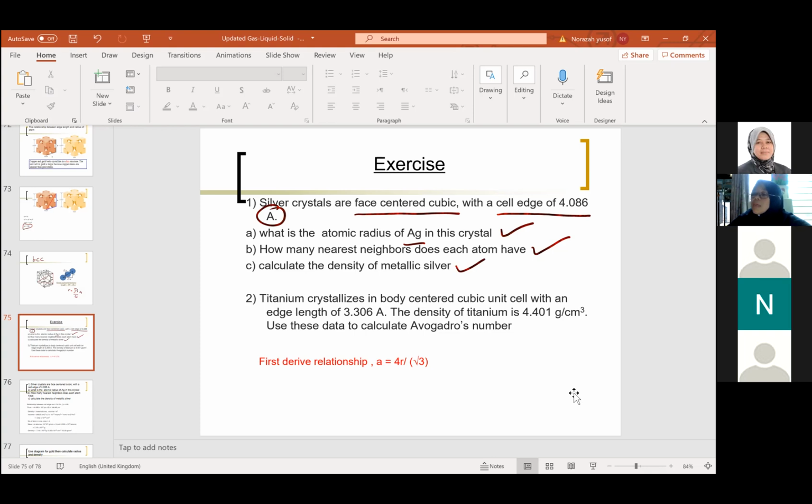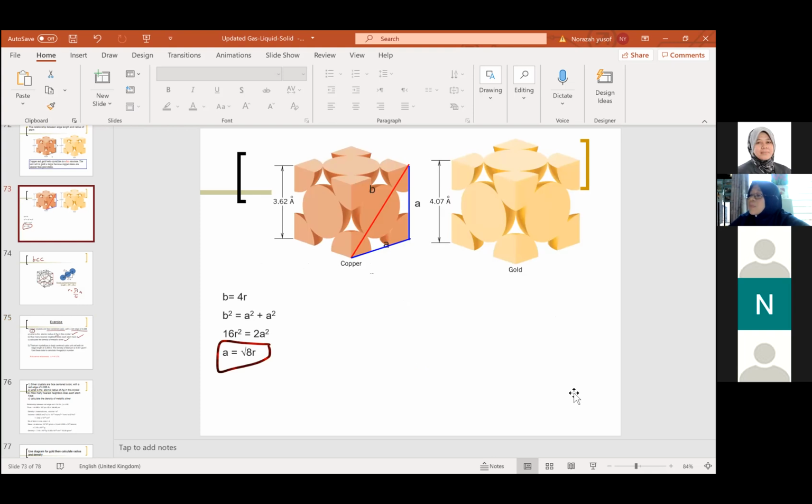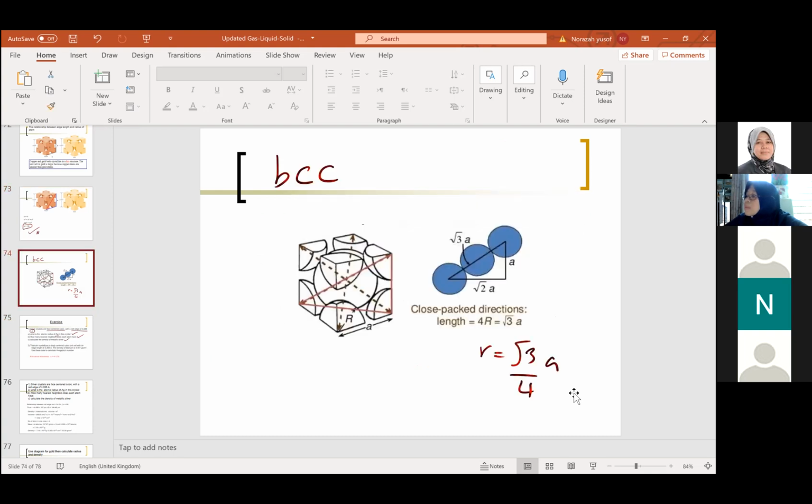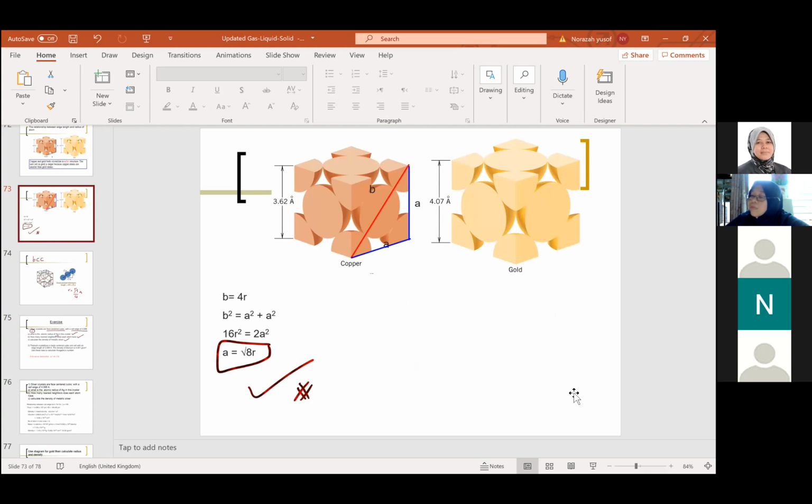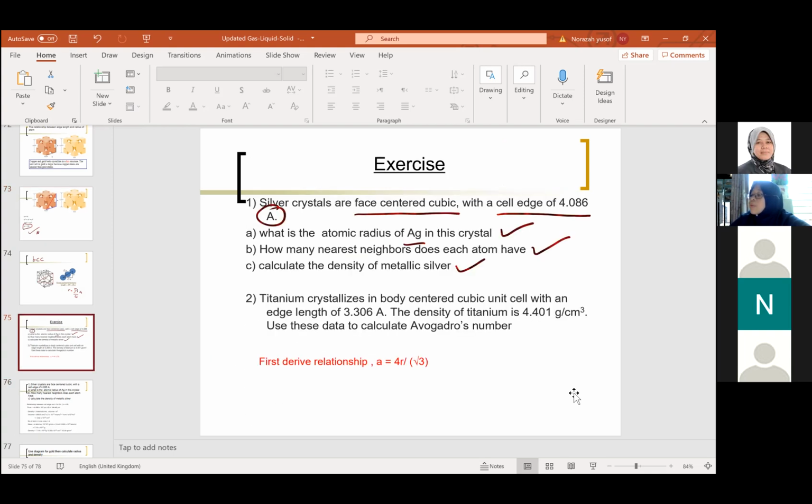So you have face-centered cubic. Face-centered cubic is this one, and this one is body-centered. Before you start, you don't have to derive the formula, because deriving takes some time.